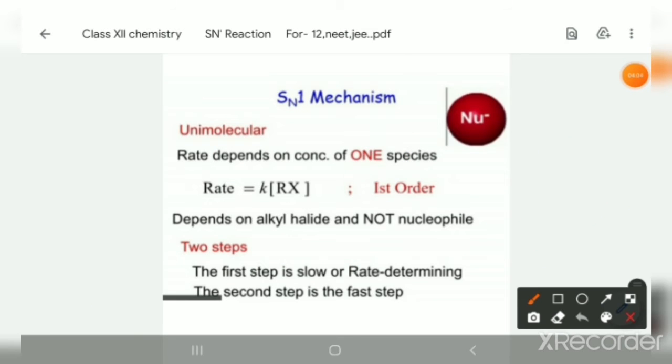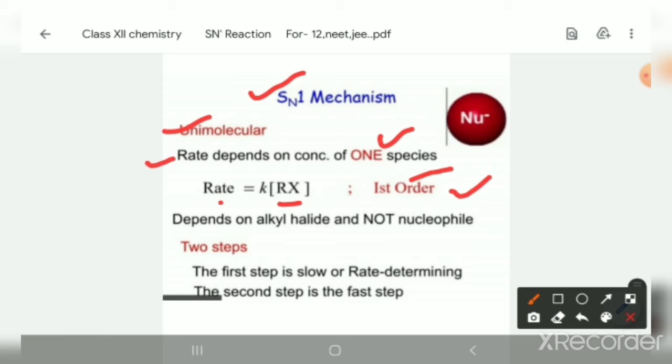Here is some more information about the SN1 mechanism. Unimolecular reactions: actually, the rate depends on the concentration of one species, meaning one reagent. That is why rate is equal to K into concentration of RX.